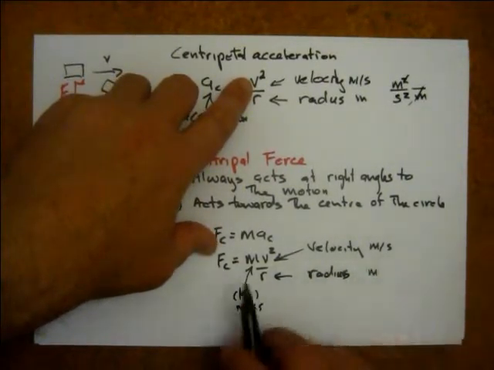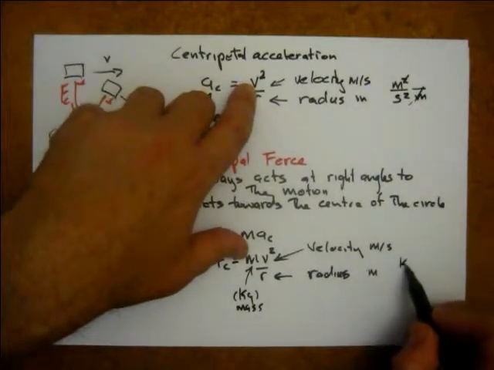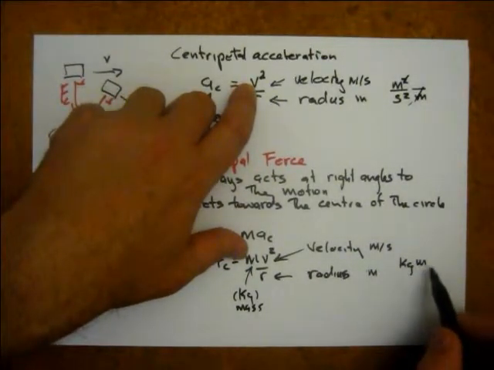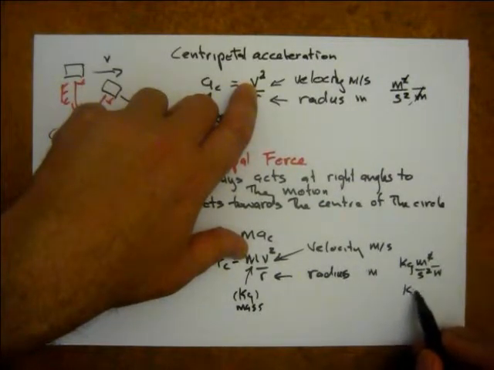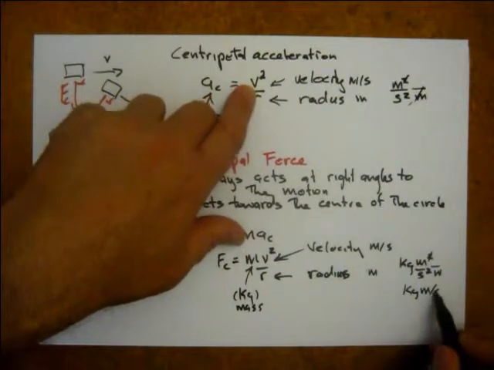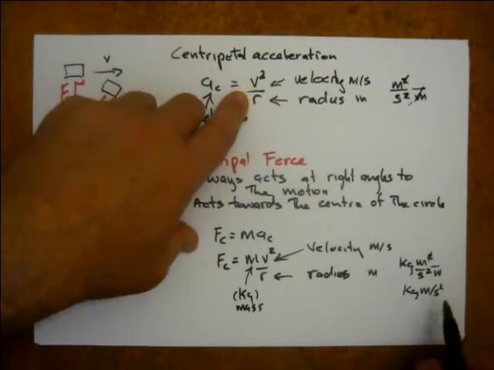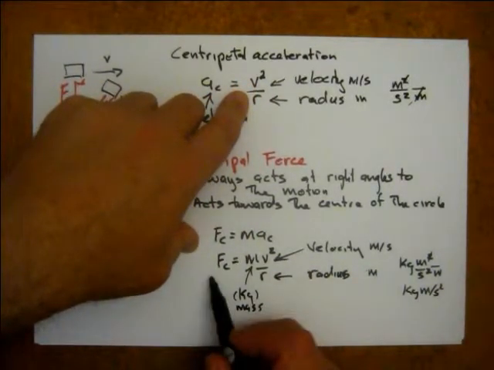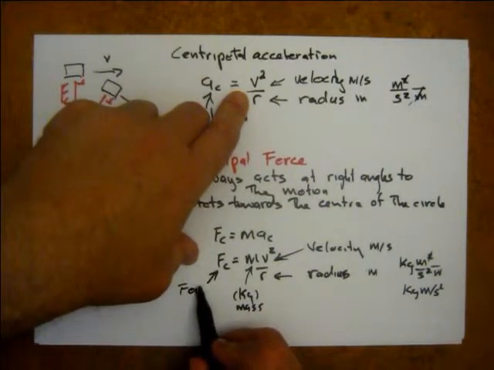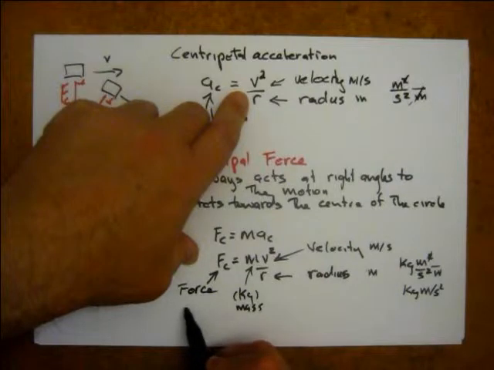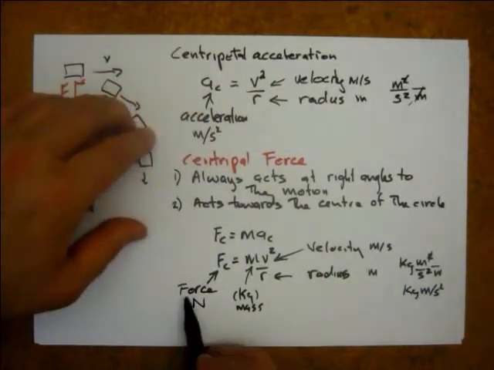So if we do the dimension check on this, we're going to end up with kg, meters squared per second squared per meter. Cancel. Equals kg meters per second squared, which is equal to newtons. So the centripetal force is going to be measured in newtons.